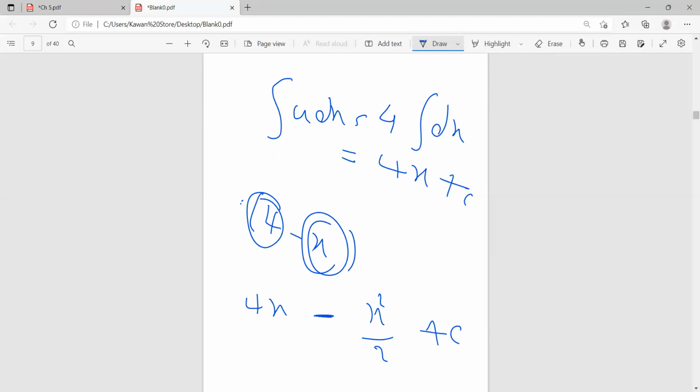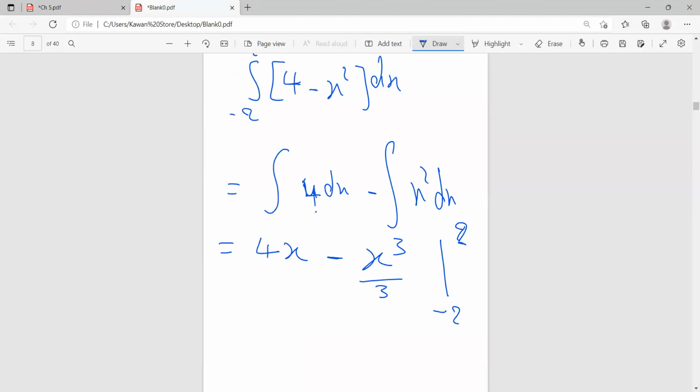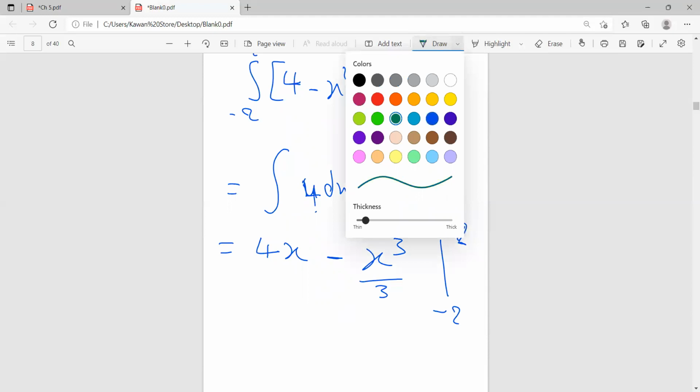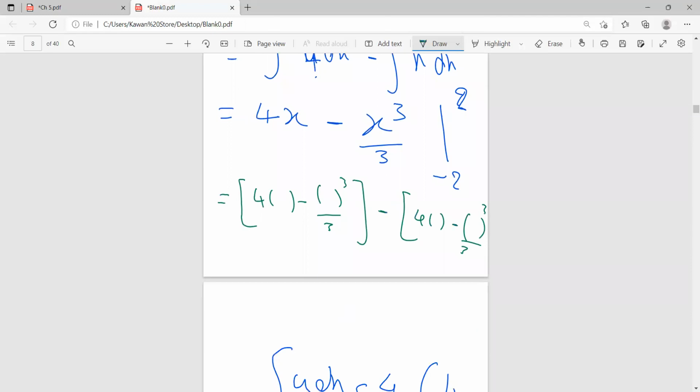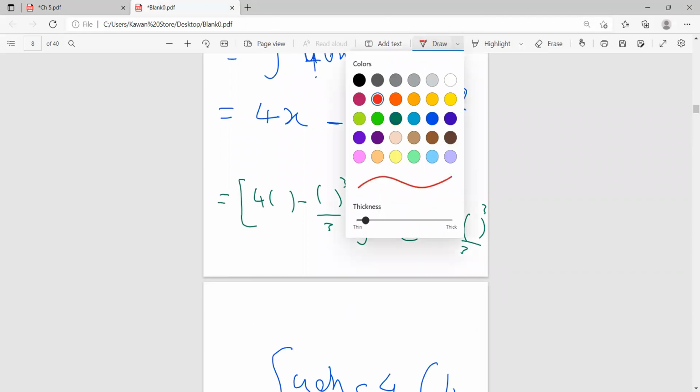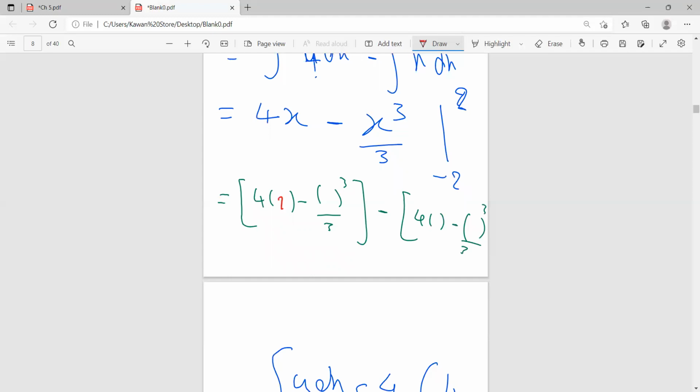Okay. Now how do we substitute this back? Upper minus lower. But we have two x's. Careful. So here's up: 4 times something, minus something cubed over 3, minus again 4 times something minus something cubed over 3. Am I right? Okay, the first value should be what? I should put what? 2.